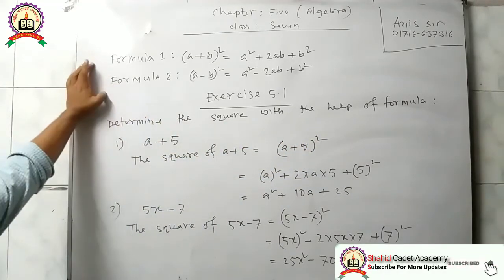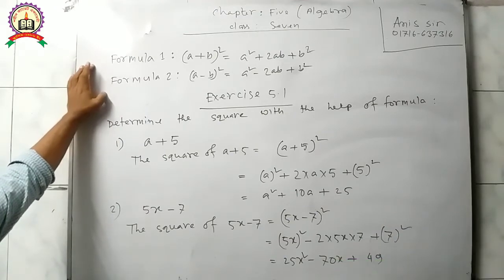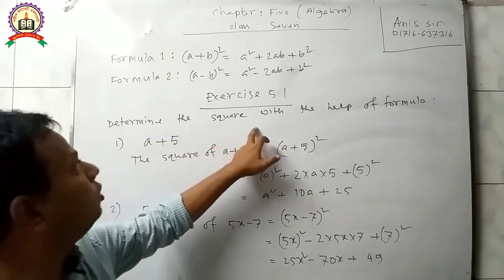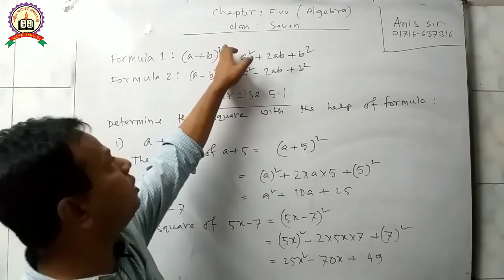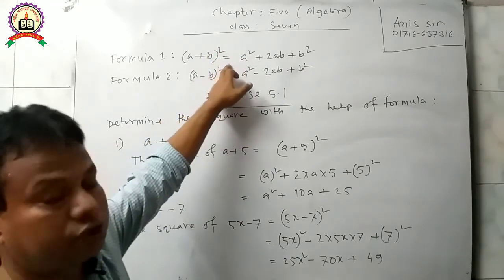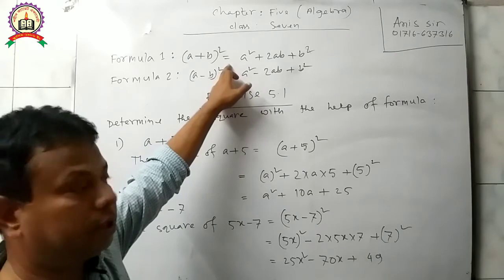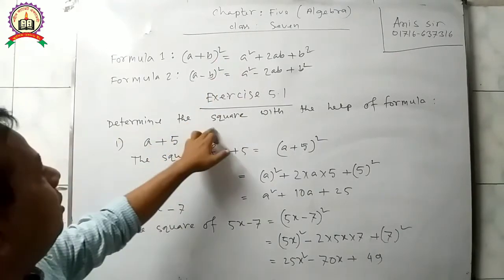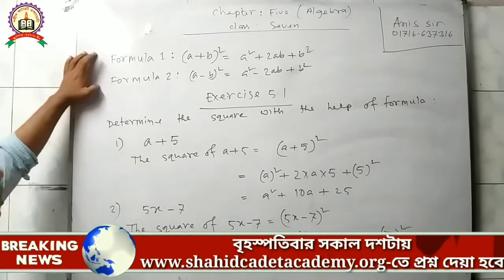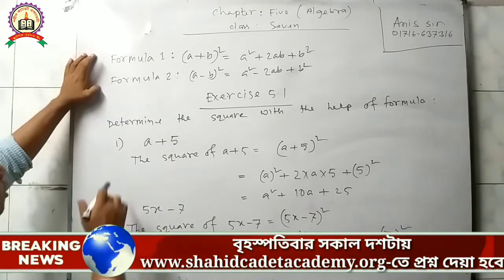That means you have to use these two formulas now. A plus b whole square is a square. A minus b whole square is a square. Determine the square with the help of these two formulas.